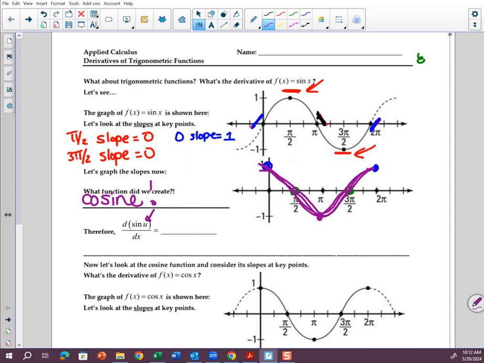And if we extend this to a little bit of chain rule, the derivative of the sine of u would be equal to the cosine of u times the derivative of u. So long story short, derivative of sine is cosine.